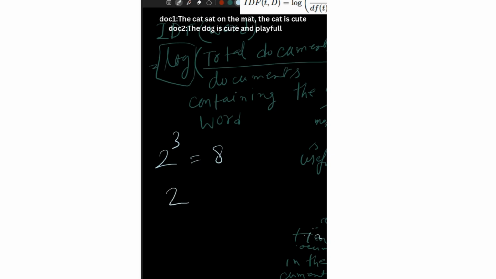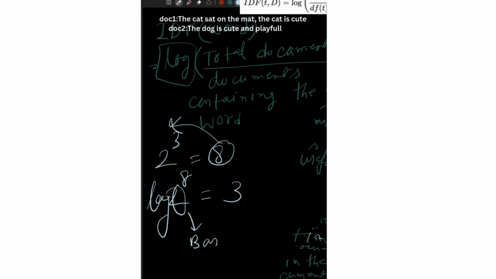This value comes on the top and becomes 3, but we have to use log. As I have said, this is known as the base value. Base is always constant, base can never be changed. Only the exponent and the value will change. So this way we consider the log, and that's why we have used the log in IDF as well, right? Now we will see how we can calculate the IDF.